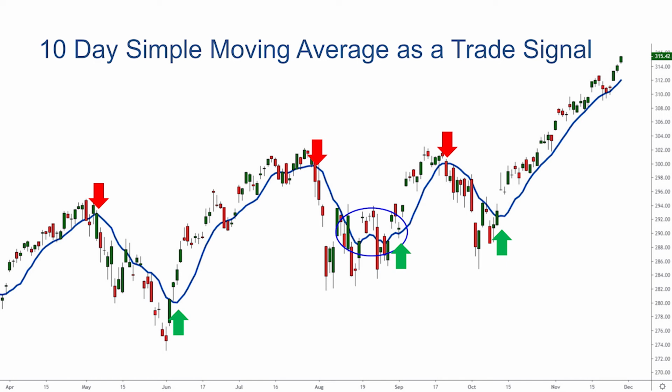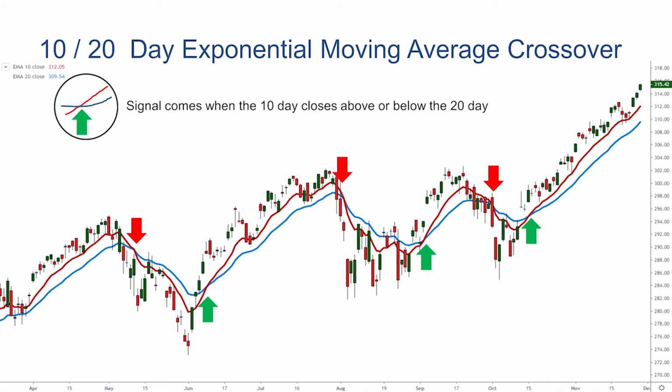Well, notice I'm going to take the exact same chart, and with this 10-period moving average that you see on this chart, all we're going to do is add a 20-period moving average in red. And so notice what we've done here. Actually, sorry, the colors are mixed up. In this situation, the 10-period moving average we were looking at is red, and the blue is the 20-period moving average.